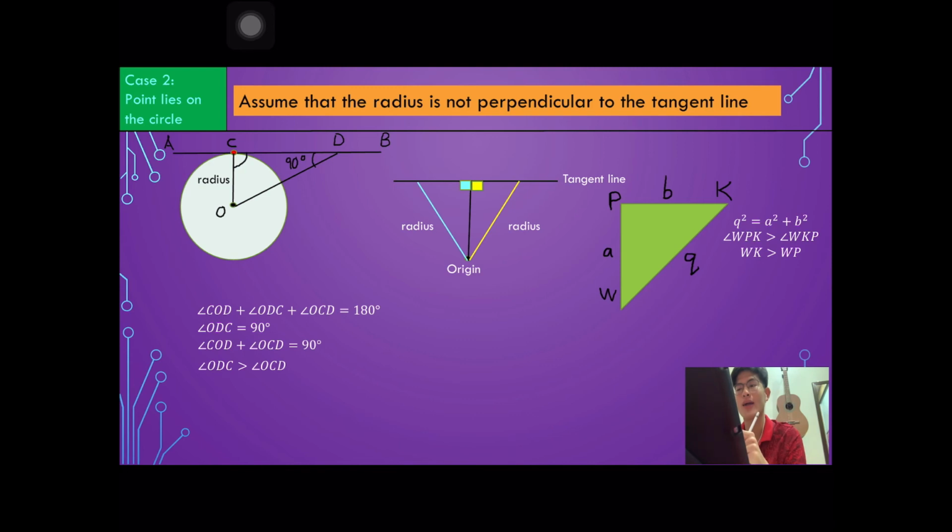If we apply this theorem to the equation that we have formed just now, we can conclude that distance OC is always greater than distance OD.